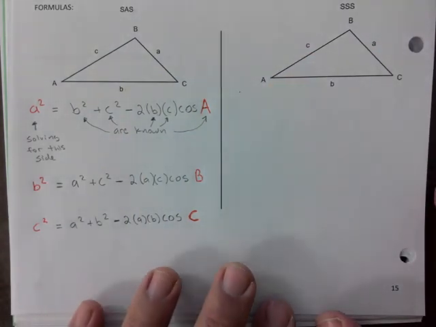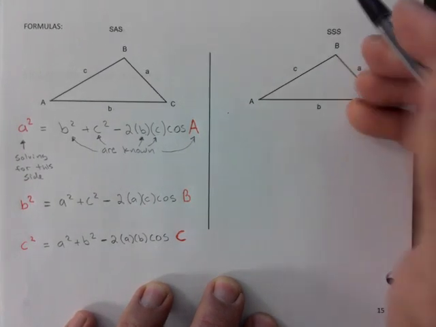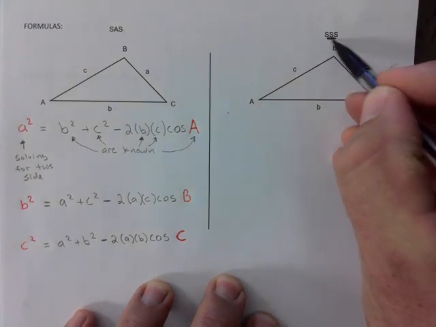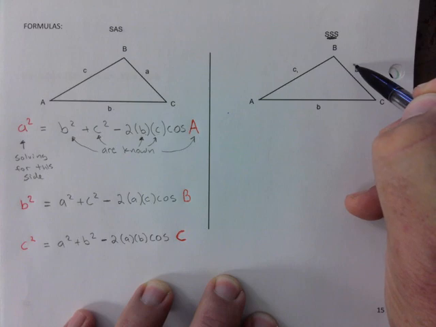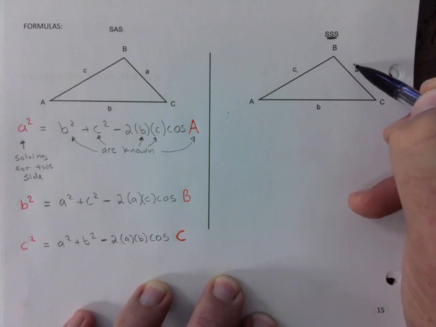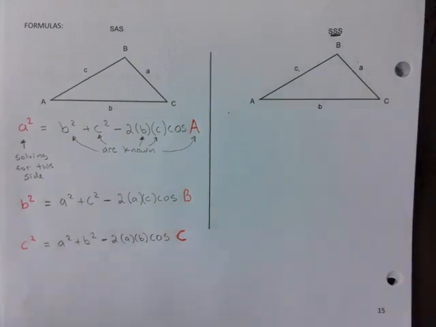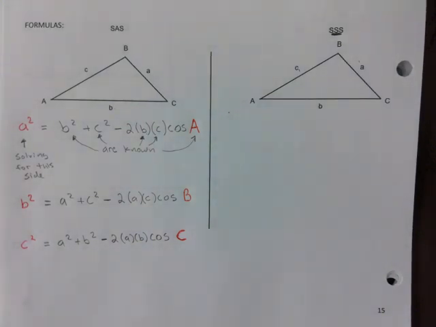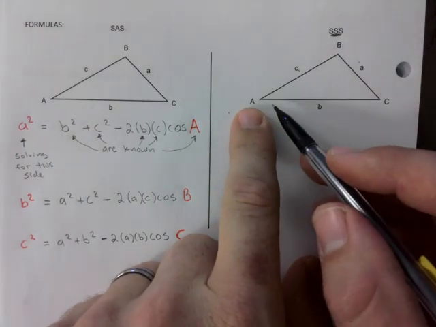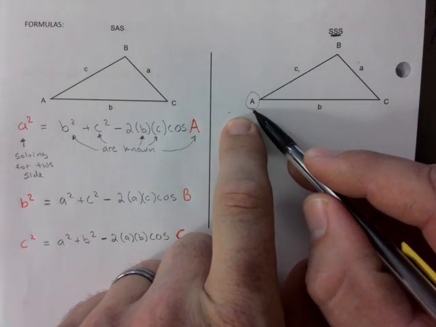What if all 3 sides are given? If you have a side scenario, all 3 sides are given, you have a choice, guys. You like choices? You can solve for whichever angle you want if all 3 sides are given. So let's say I want to solve for this angle right here.